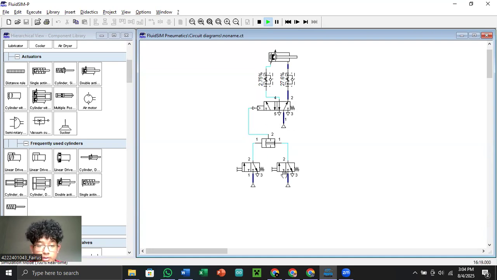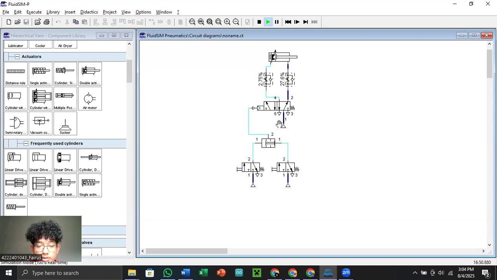Once both buttons are pressed, air flows to the left pilot port of the 5/2 directional control valve. This causes the spool inside the valve to shift position, directing compressed air from the supply port to the left side of the cylinder.